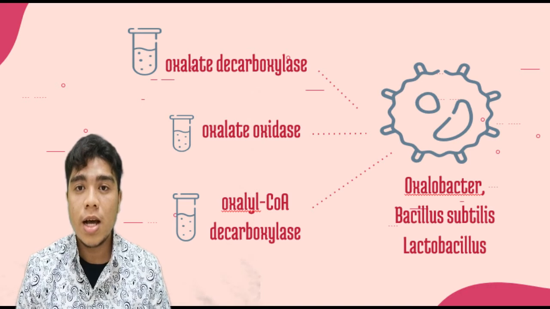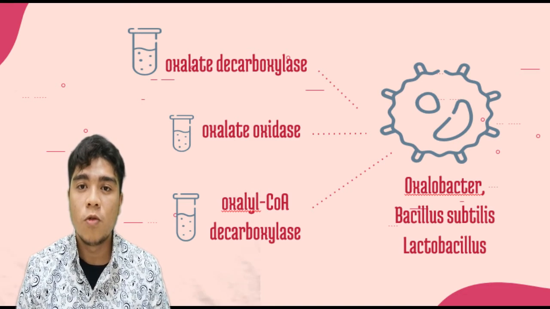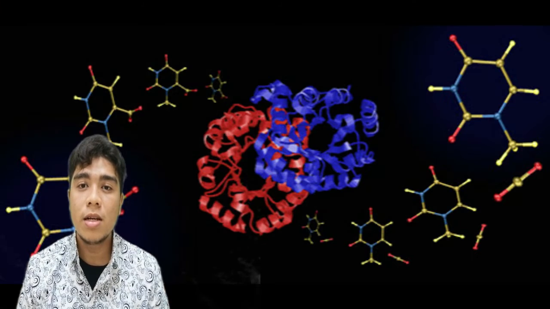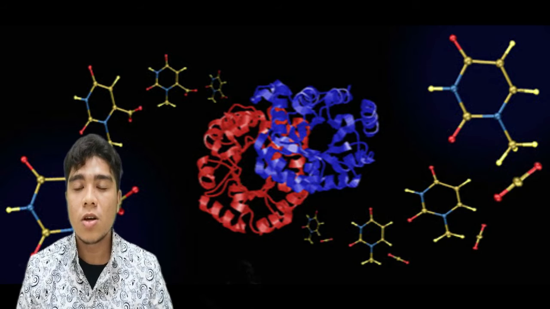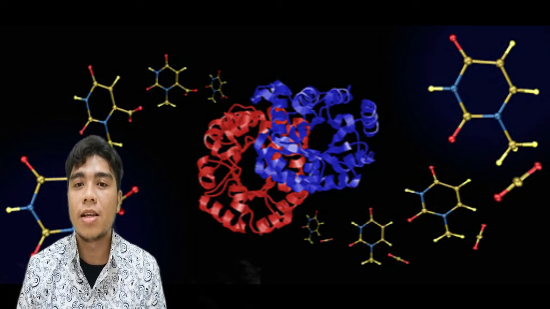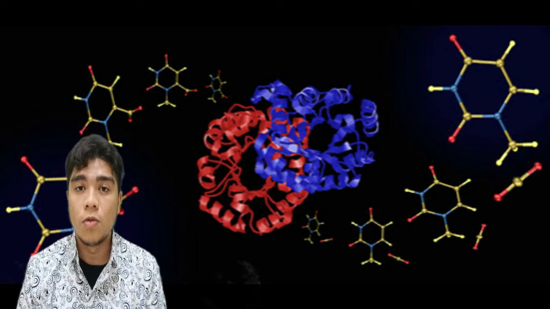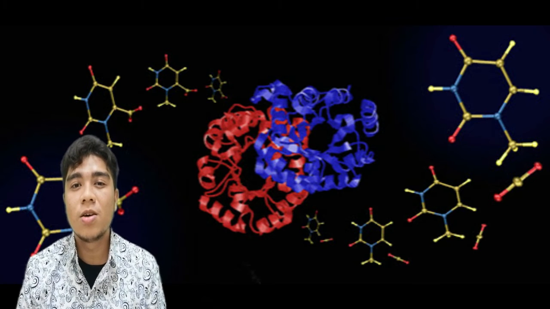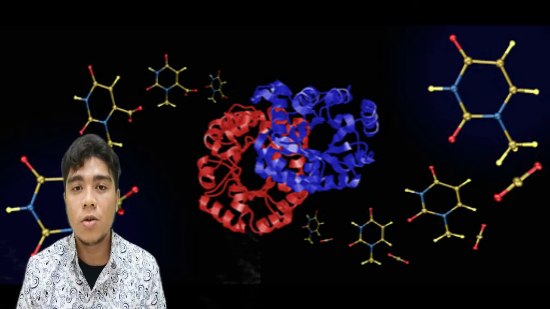As the human body lacks the ability to produce enzyme for directly metabolizing oxalate, an external source of enzyme is needed and can be obtained through the consumption of probiotic food or medications containing oxalate-degrading microbes.